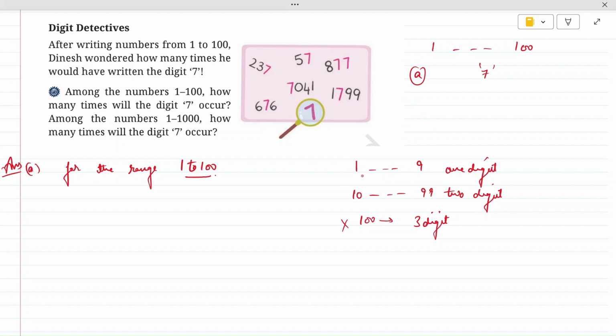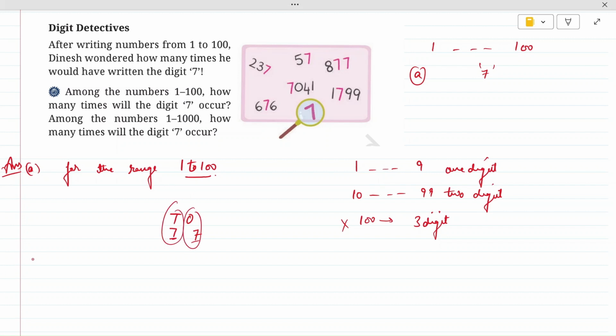Now, starting from 1 to 9. We can see in 1 to 9, we have 7 at the 1's place. If we make any number, we can have the 7 at the 1's place, or we can have the 7 at the 10's place also. We can have 7 here or we can have 7 here. Now we have to find out both the things.